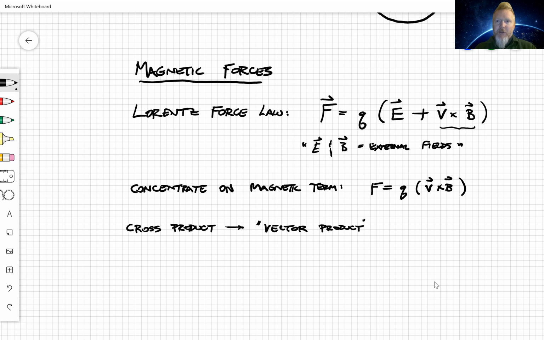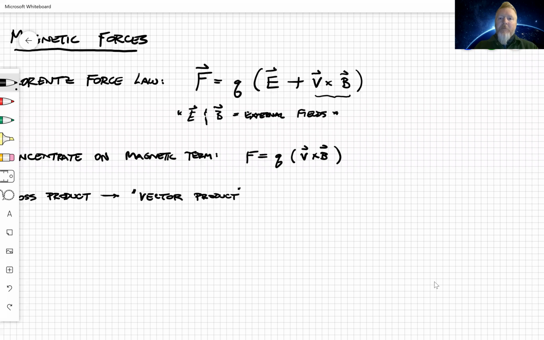So unlike the dot product, which is also known as the scalar product, the outcome of the dot product is a number. In other words, it tells you, for example, how much is this vector lying on top of that vector, right? So it gives you the overlap. Okay, how much overlap is there of this one onto that one? The scalar product.